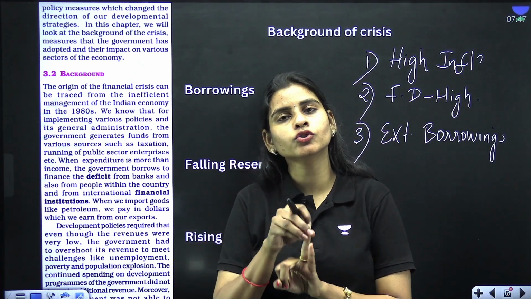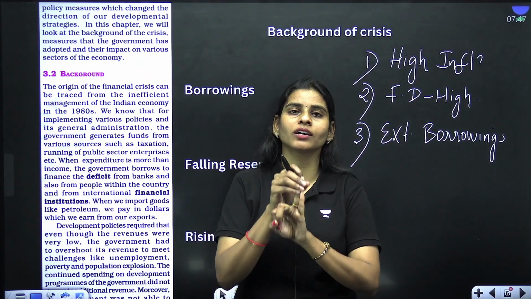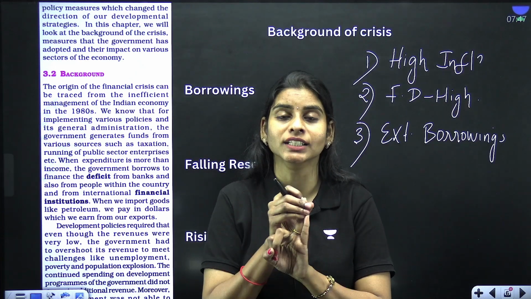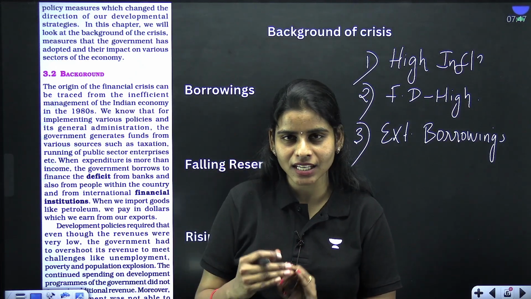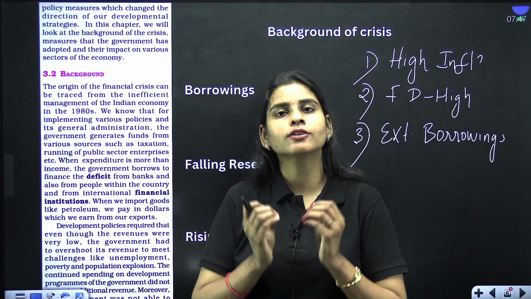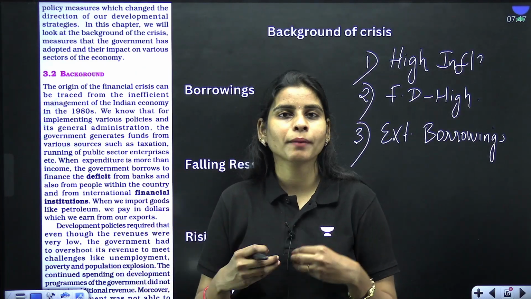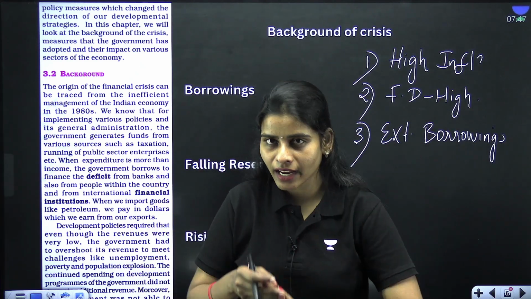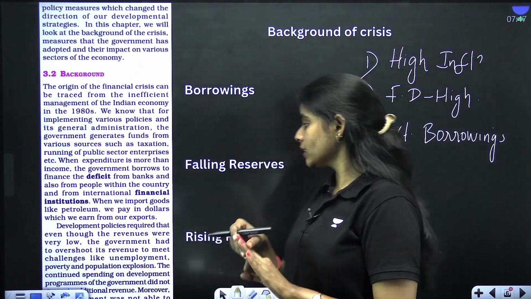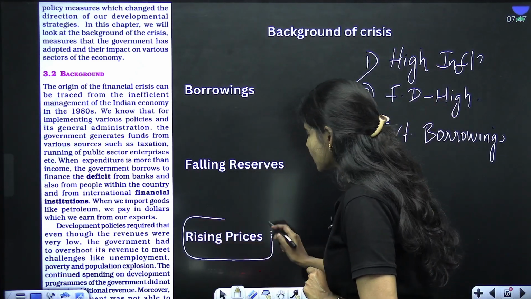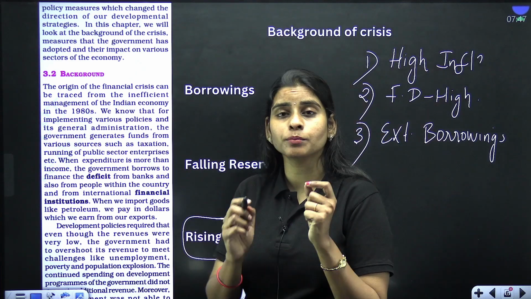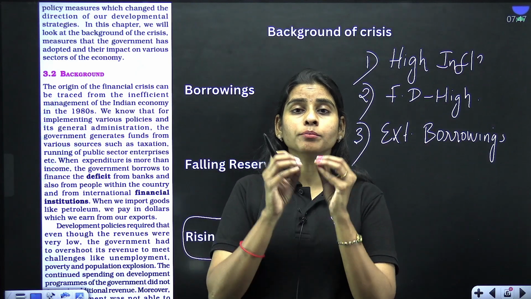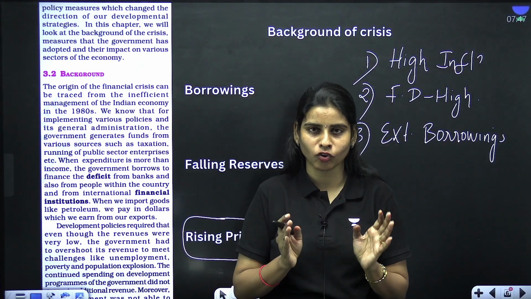The second and most important thing was falling foreign exchange reserves, that is, the foreign currencies we hold as a reserve to make our external payments for imports and other things, which were again falling. And the third most important thing is that we were witnessing rising prices, especially of essential commodities. All these conditions were the major reasons behind the 1991 economic crisis.